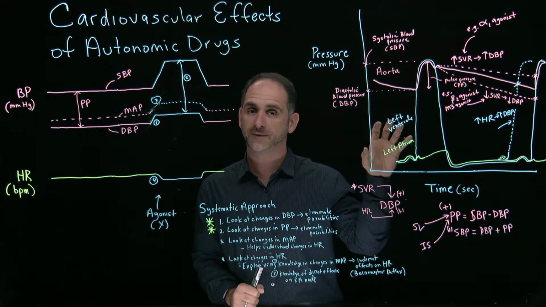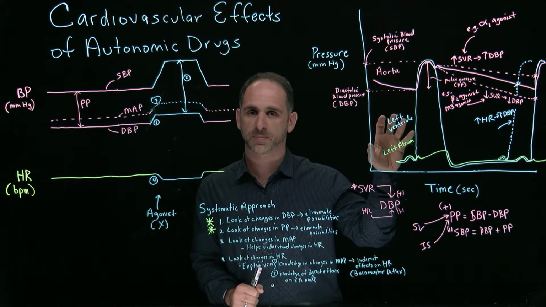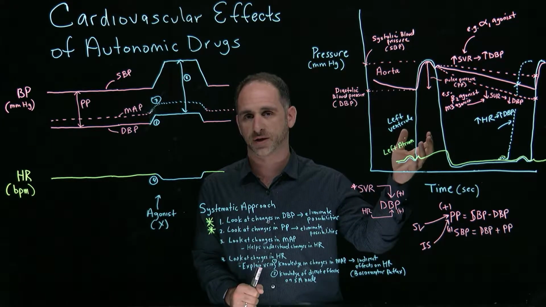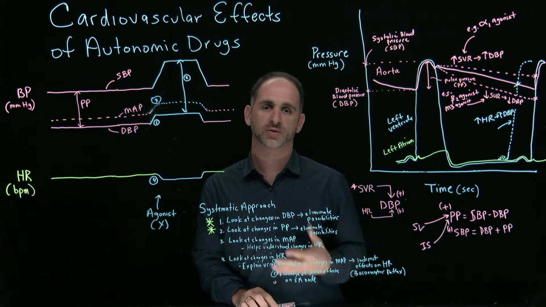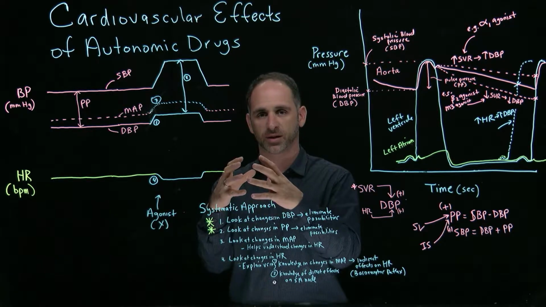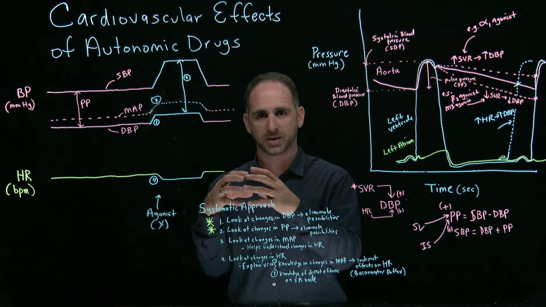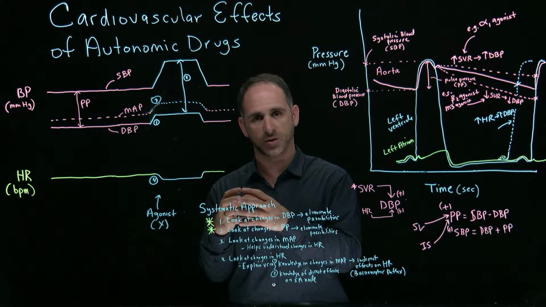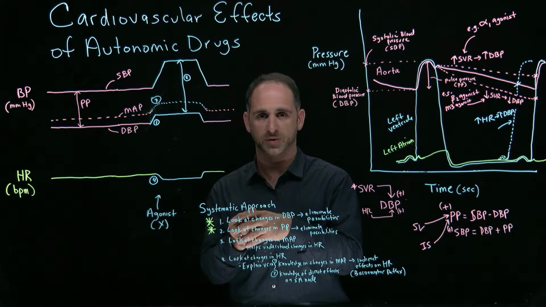The more the afterload, the more difficult it is to eject blood, so that has a negative effect on stroke volume, okay? Heart rate: if the heart rate goes up, the amount of time to fill during diastole is mitigated, and there's less filling of the ventricle, and so that would have an effect to decrease stroke volume as well.